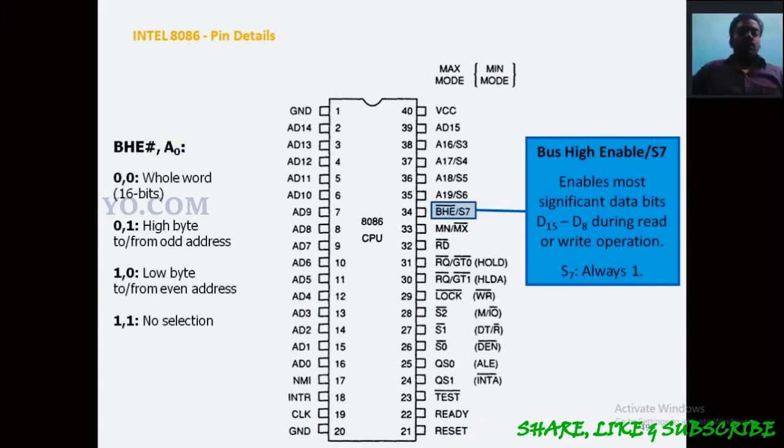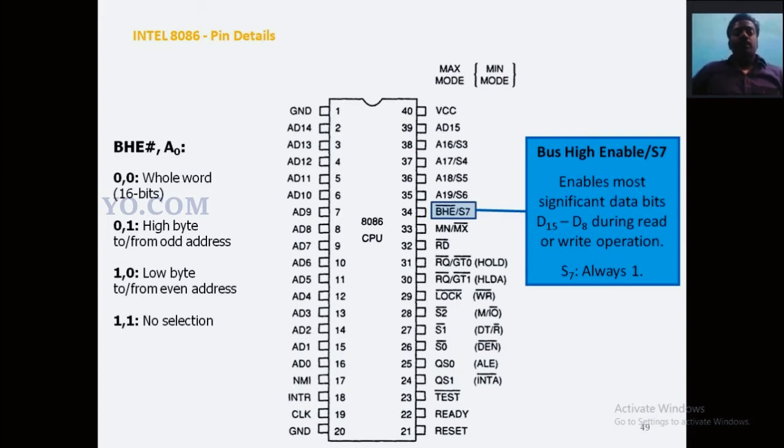See, bus high enable versus A0. A0 is the first pin of the address. If it is 00, we consider the whole 16-bit word. 01 means the high byte from the odd address. 10 means the lower byte of the even address. 11 means no selection.